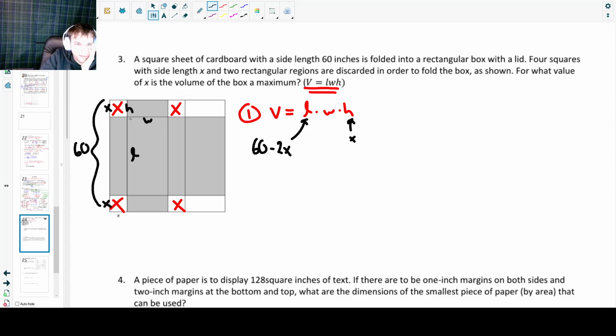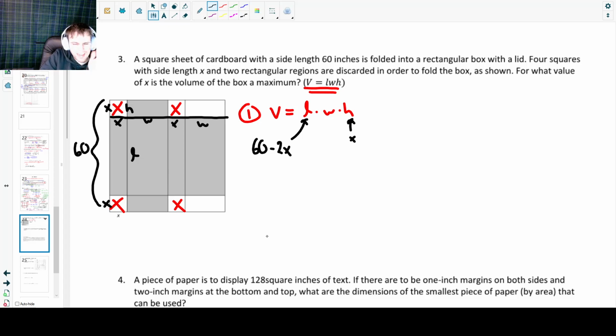And the width of our box, this one's a little bit trickier. If I look at this line right here, these two widths and these two X's have to add together to be 60.